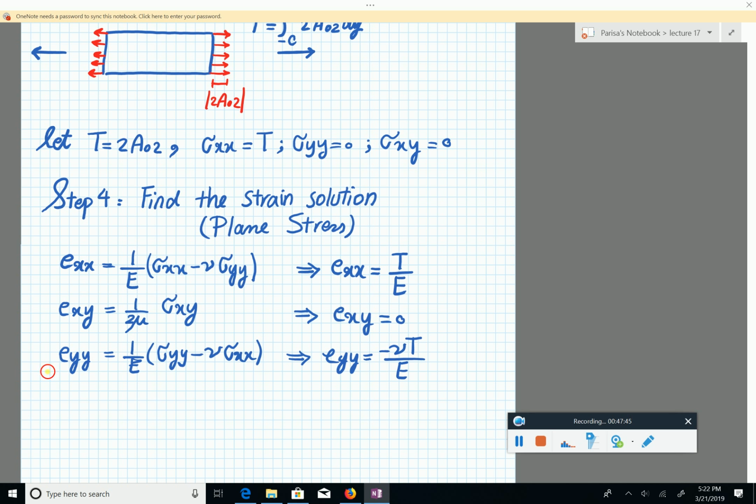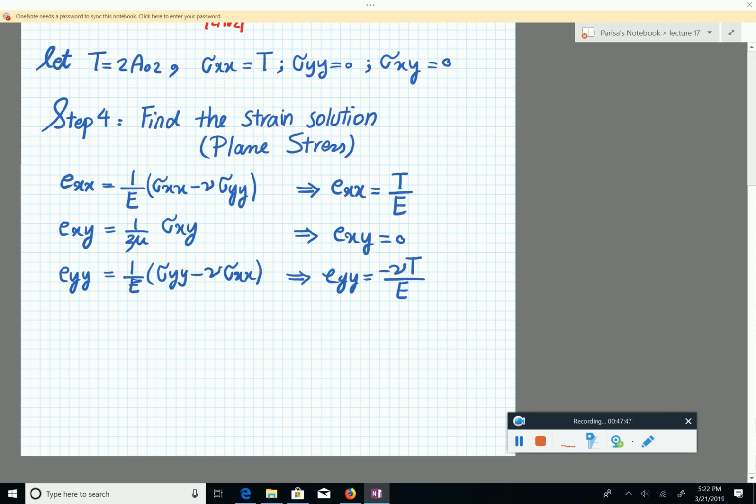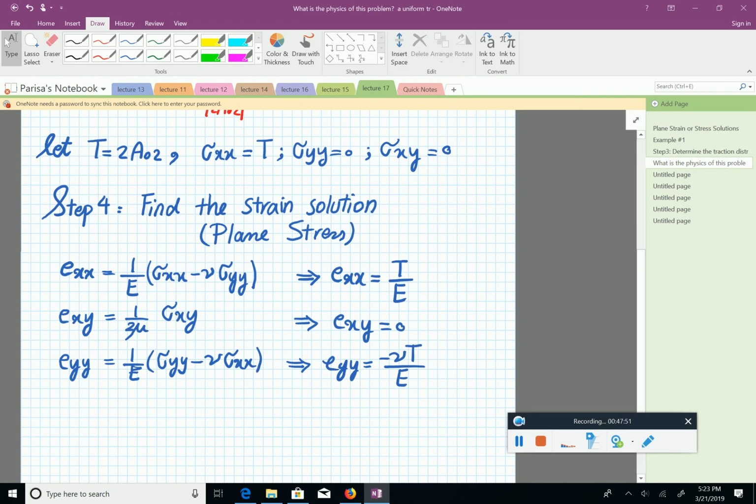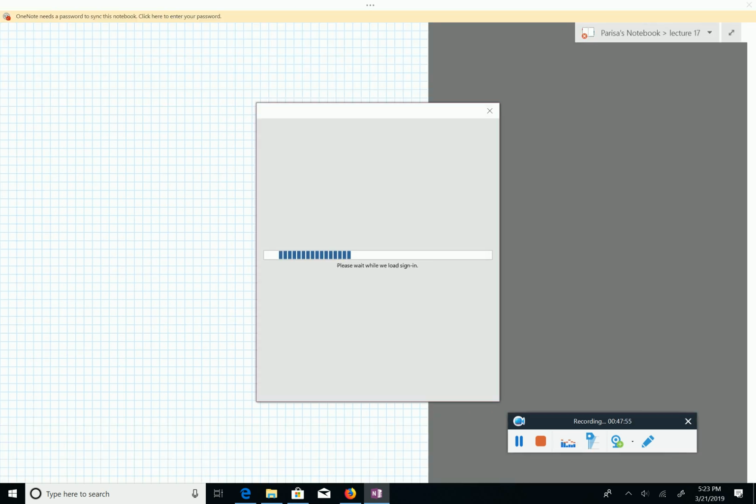And finally, we have to calculate the displacement. So step 5, which is the last step, is using the strain displacement relationships, find the displacement solution.